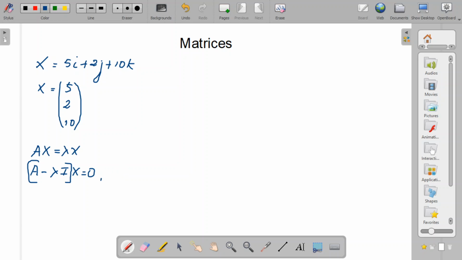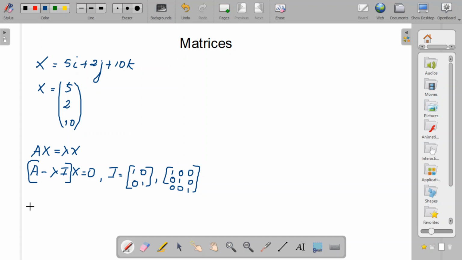Here this I is basically an identity matrix. If A is a 2 by 2 matrix, I can write I as 1, 0, 0, 1. Or if A is a 3 by 3 matrix, I can write it as 1, 0, 0, 0, 1, 0, 0, 0, 1. So lambda I is such a unit matrix.